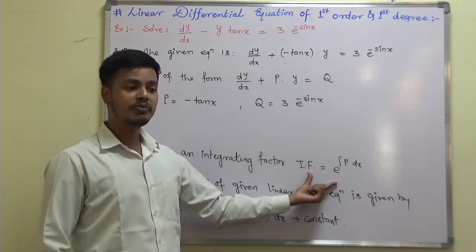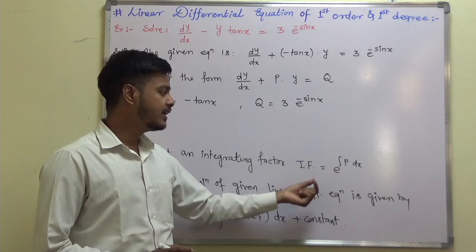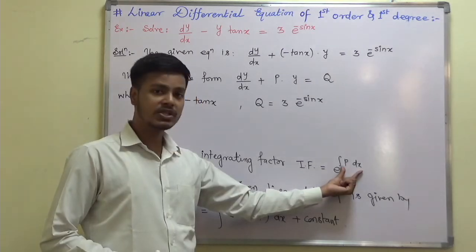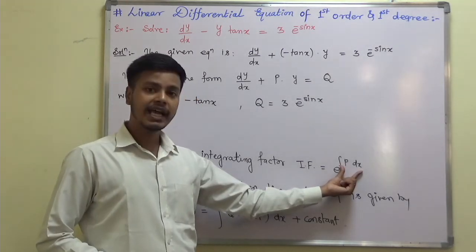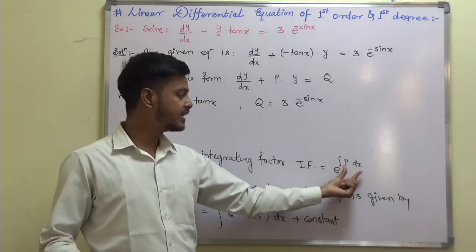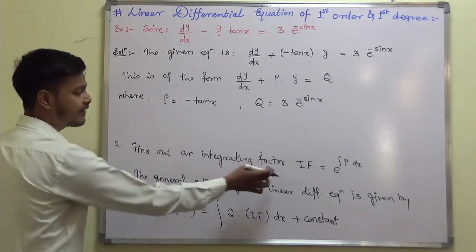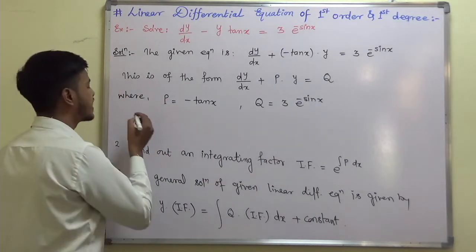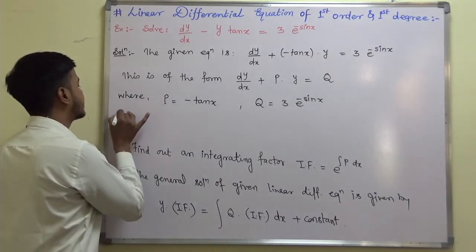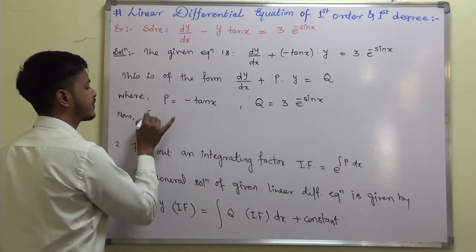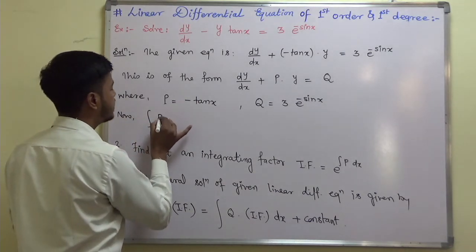To make it very simple, I am going to take integration of p dx first, and then whatever integration I am getting, I will put it as the power of e. So to find the integrating factor, that is my step number 2, let me find integration of p dx.